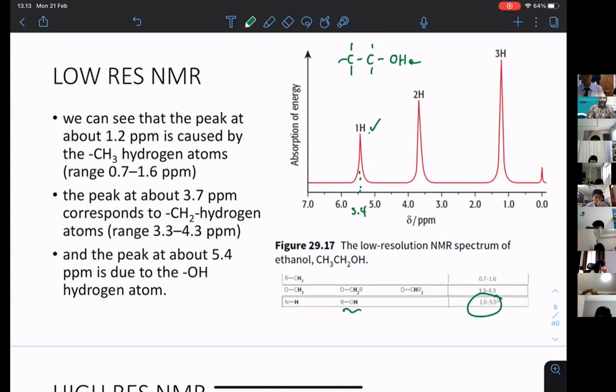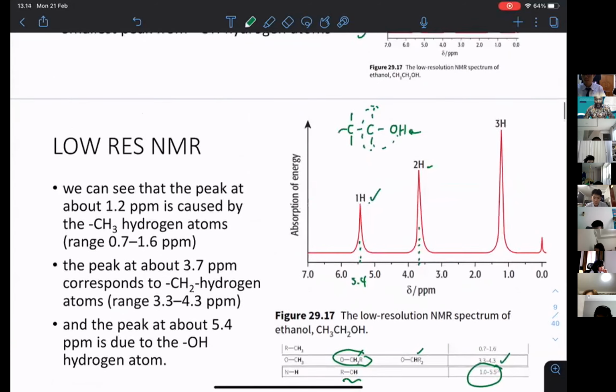And if it is 2 hydrogen, most likely this one. But how do we double confirm? We can double confirm by looking at 2. So I think most likely this one will be the answer. But look at the data. It is going to be 3.3 to 4.3, which is confirmed. We have identified this part.